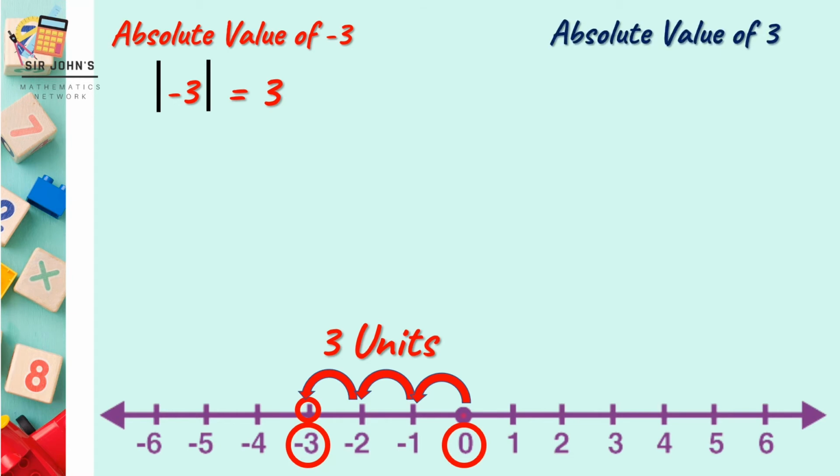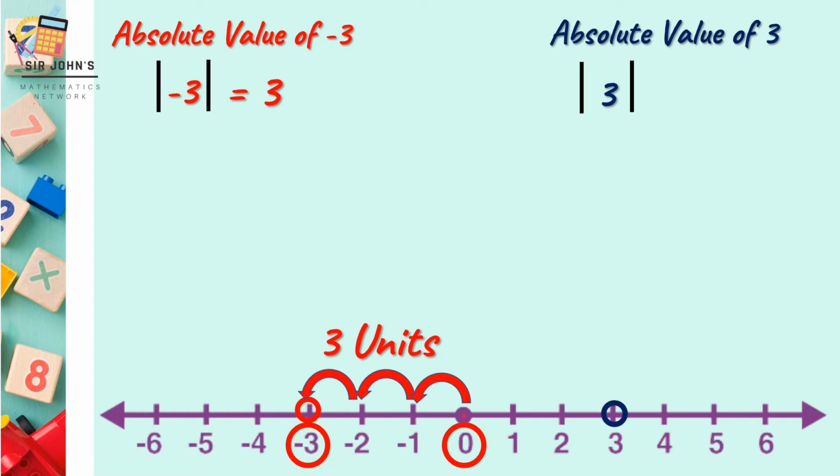Next, let's have absolute value of positive 3. So, like what we did with the previous example, isusulat muna natin yung positive 3, then lalagyan natin ng dalawang vertical line. Then, ilalagay natin yung 3 sa loob. Next, on this number line, nandito yung positive 3.